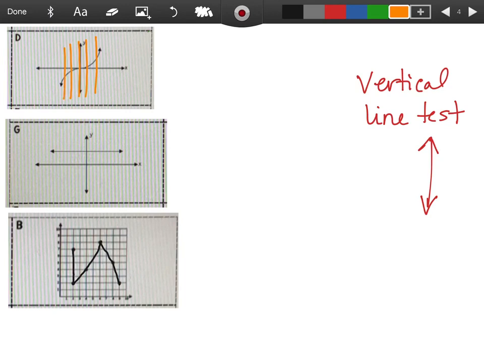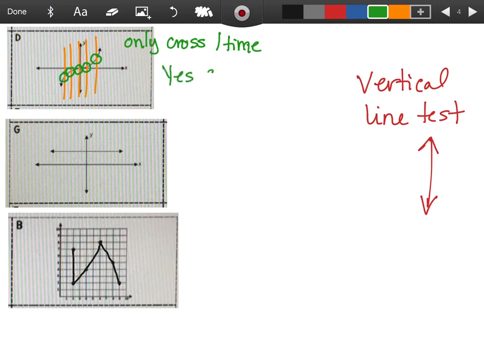Okay, the question is, do I cross my graph in more than one spot? Do I hit my line ever? Well, the answer to this one is no. I am good. I only cross one time. If I only cross one time, then it is a function.